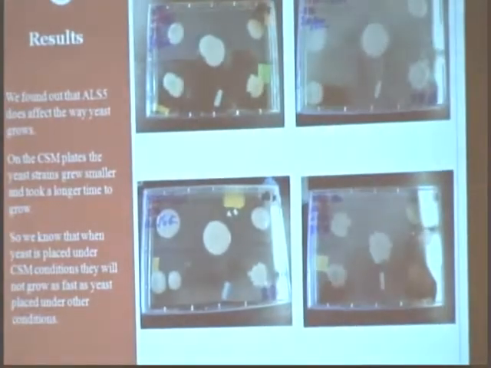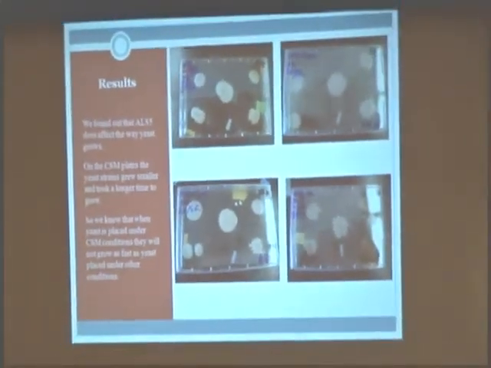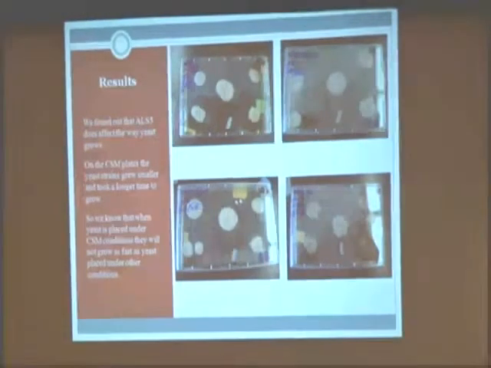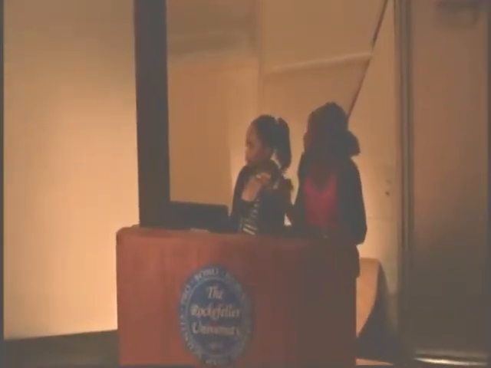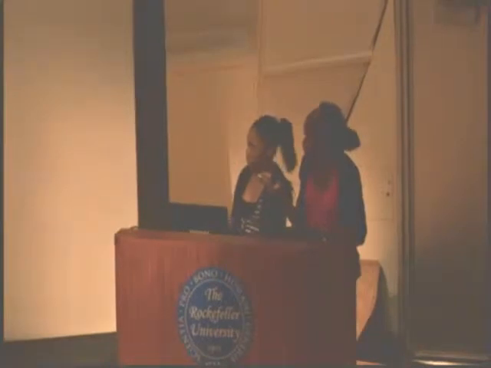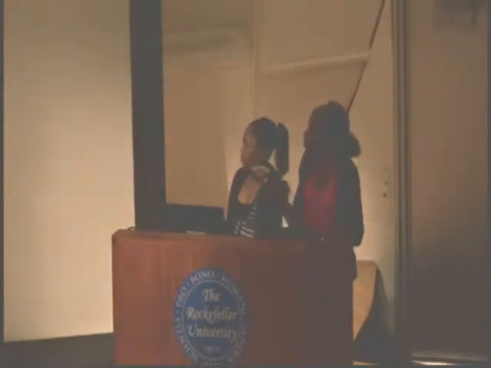These are our results for last year. We found out that ALS5 does affect the way the yeast grows, because you can see on these plates, which have ALS5 on the agar, the biofilms are larger, they're creamy, they're irregular. Well, some are irregular, some aren't. And these are the plates without the ALS5, so you can see that the cells are smaller.